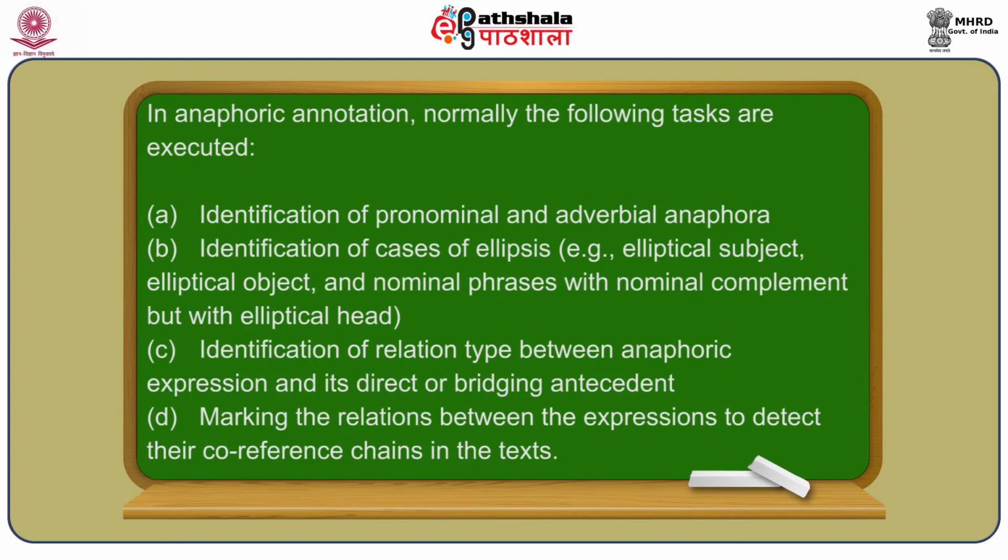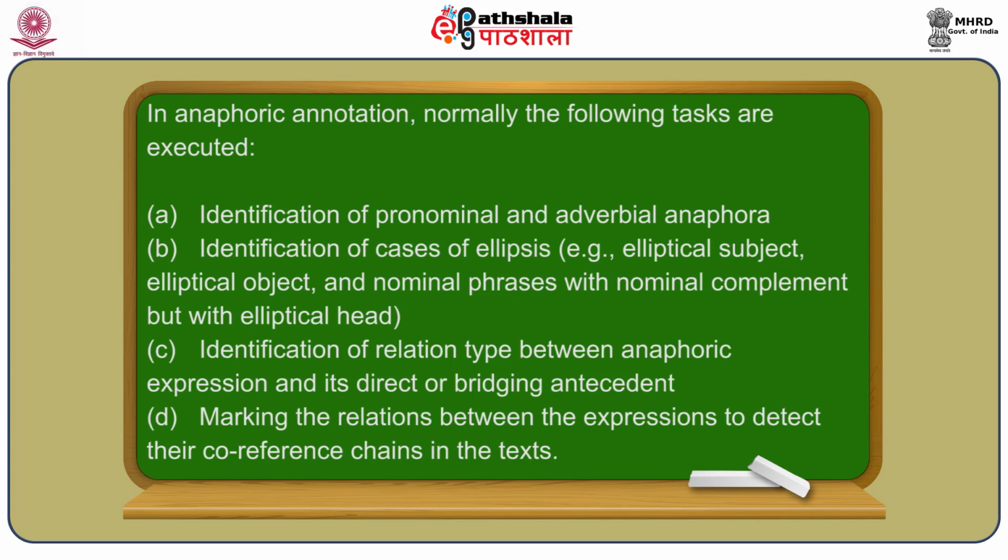As you know, anaphora is a very complex linguistic phenomenon that usually refers to a linguistic expression, the interpretation of which depends upon another expression occurring in the same text, within the same sentence, or across texts. In anaphoric annotation, there are 3 or 4 specific goals we need to follow.